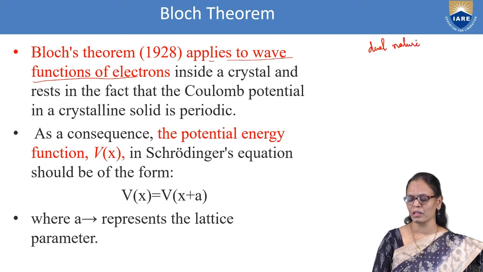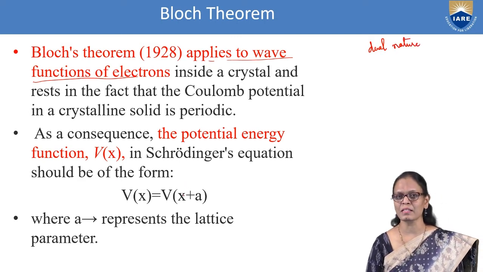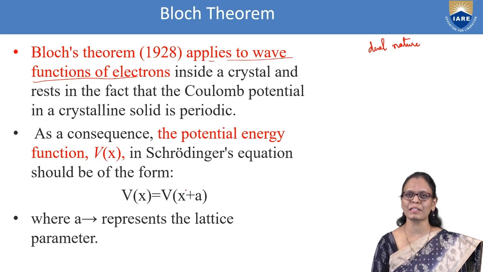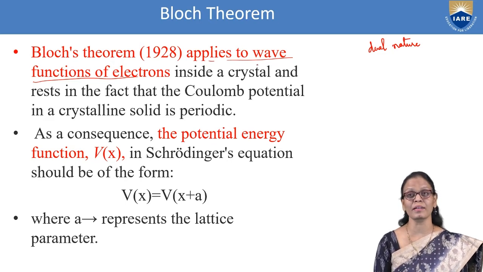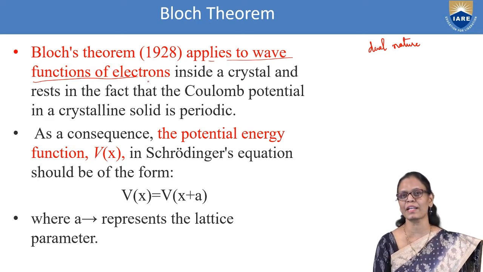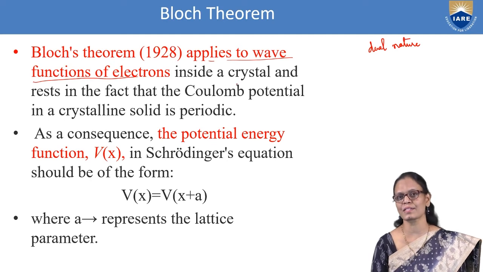They behave as particles sometimes, but they also exhibit wave nature. Moving electrons are considered to exhibit wave nature, and in order to show the wave nature, we need a wave function. This Bloch theorem is applied to the wave function of electrons inside a crystal.